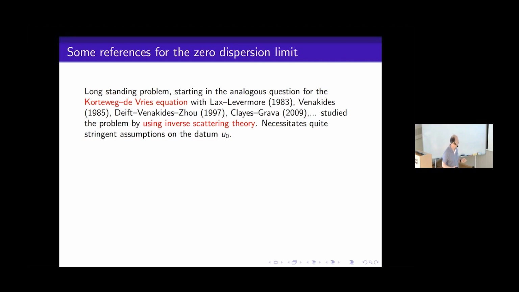And when Peter Lax had a nice PhD student, David Levermore, he asked him to look at this problem using the inverse scattering transform for finding the zero dispersion limit of KdV. And this was, in fact, the beginning of a series of very interesting papers, but very difficult to read, if I may, because you need to be introduced to inverse scattering theory. And this is some kind of yoga.